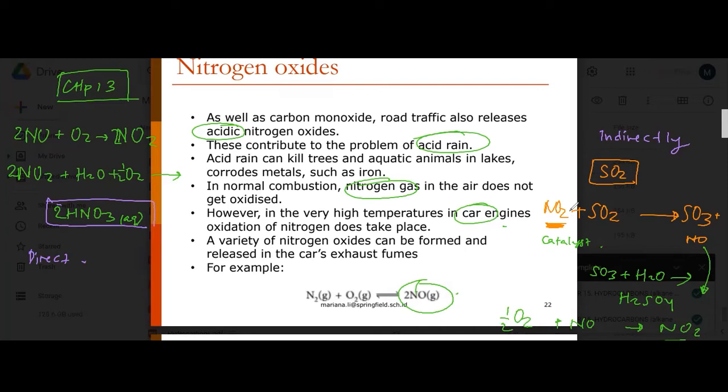So far we have learned about CO as a pollutant, toxic because it binds to hemoglobin. The second one is nitrogen monoxide and nitrogen dioxide, which form acid rain and oxidize SO2 to SO3 to form acid rain as well.